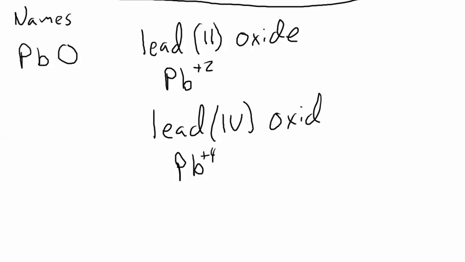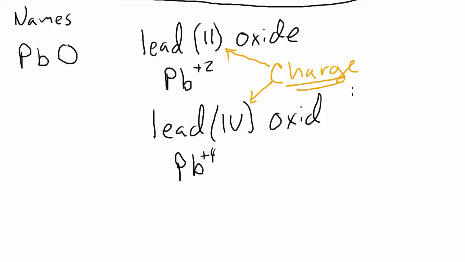So anytime you see a compound that has parentheses and Roman numerals inside of the parentheses after a name, this is super important because kids get confused about this all the time. The parentheses tell you the charge of the positive ion. The charge.